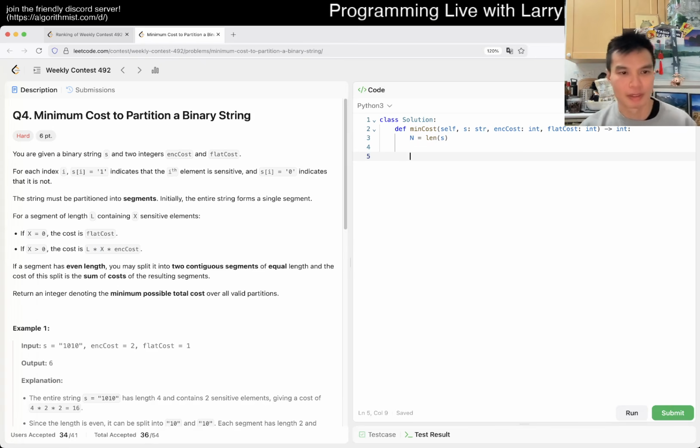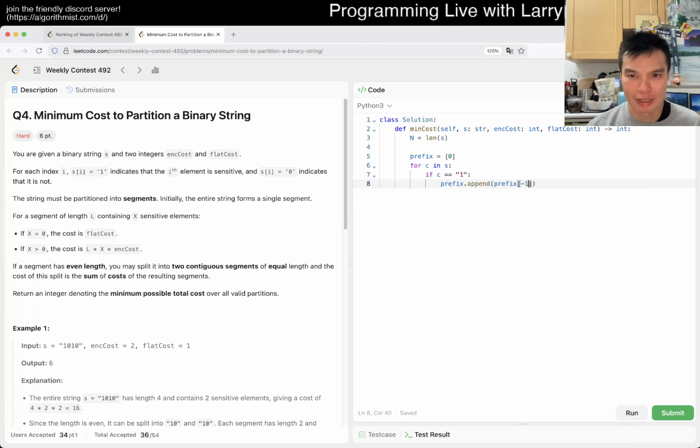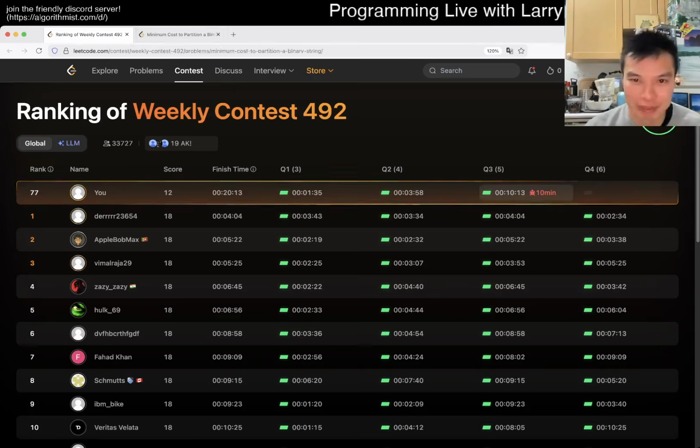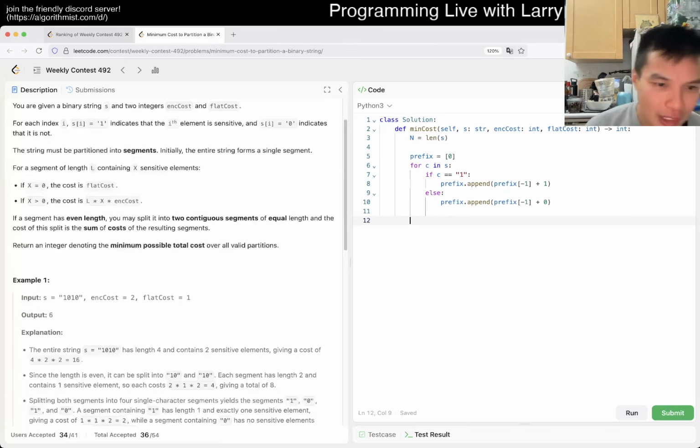But I'm gonna do prefix sum first though. It's so weird. Why don't they speak English? Like, do they not realize? Maybe that's why no one has solved it yet. Or I don't know, some people have. I should not be 47th. I got dropped down after Q3, so I don't know.